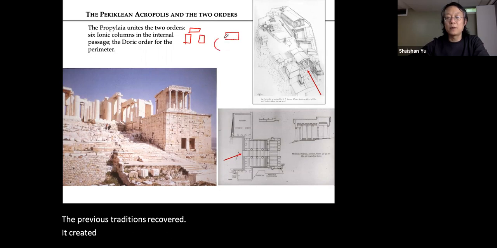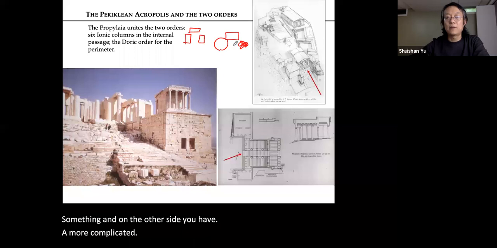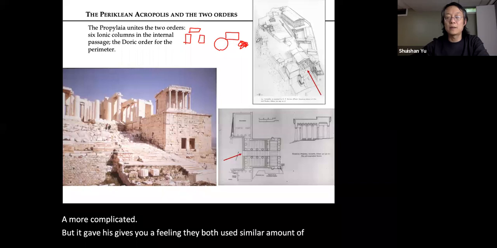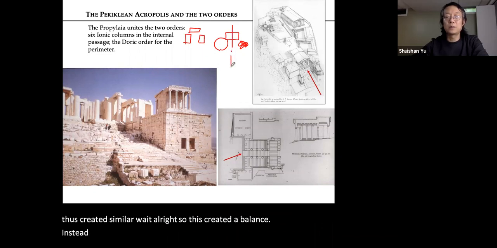On one hand, you have something simple, and on the other side, something more complicated. But it gives you a feeling they both used similar amount of ink and thus created similar weight, right? So this created a balance instead of exact symmetry.